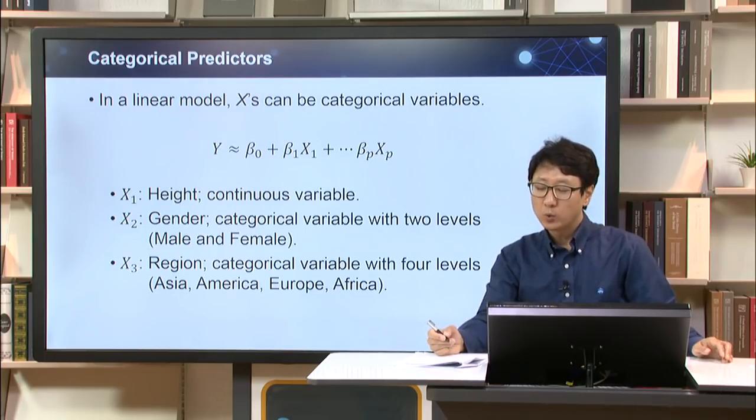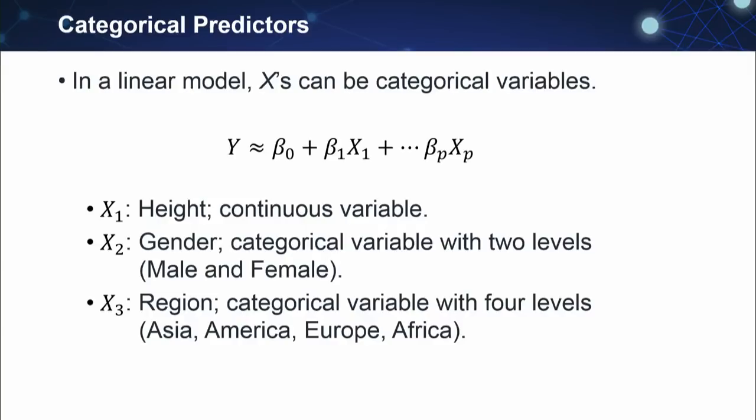Okay, so up to now we assumed that x's are continuous variables. The issue we're going to discuss here is how we can consider categorical x. Categorical x means x has discrete values. Y can be similarly modeled using multiple x variables. First, x1 can be a continuous variable like height, and then we have no problem.